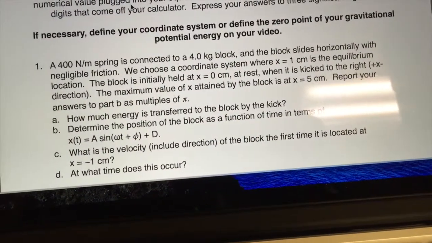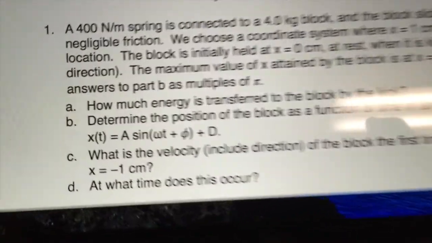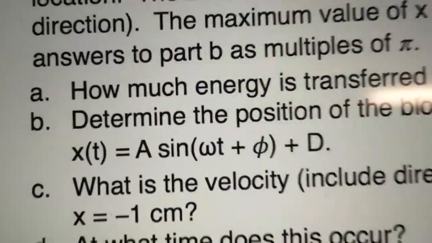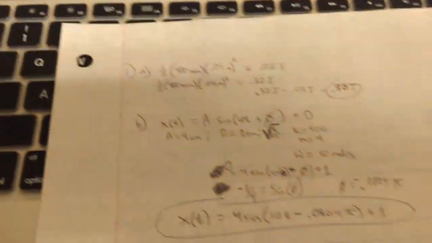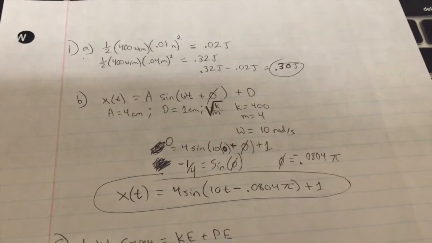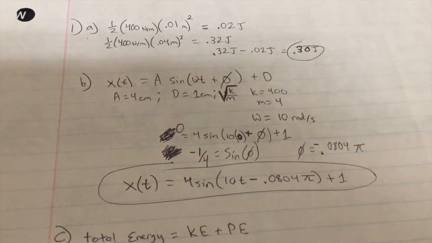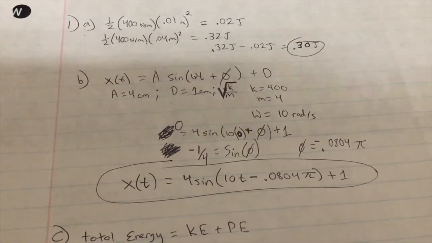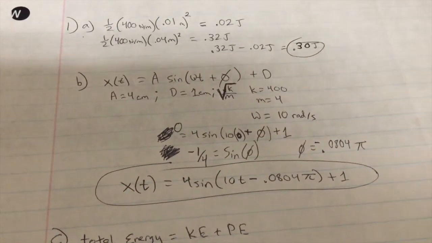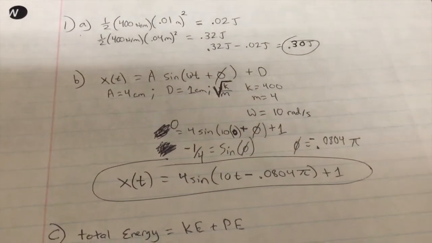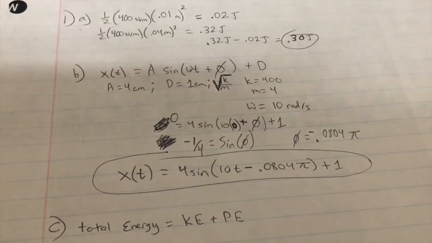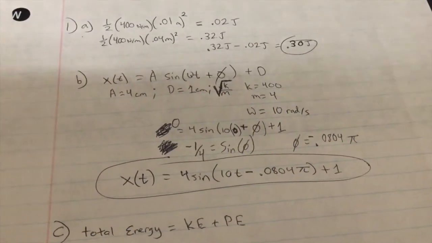Okay, so for part B, we're trying to determine the position of the block as a function of time in terms of this general wave function. A represents the amplitude, which we know is 4 centimeters since the max value attained by the block is 5 centimeters and the equilibrium was at 1 centimeter, so 5 minus 1 equals 4.